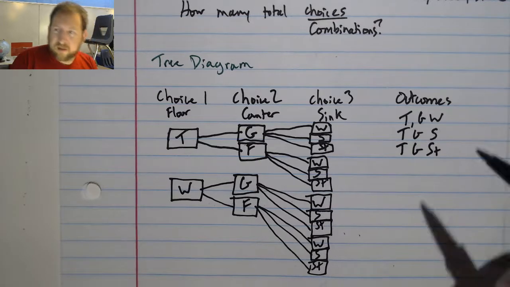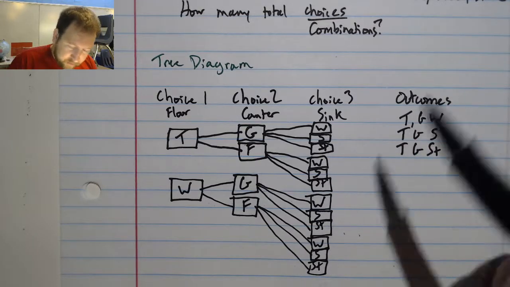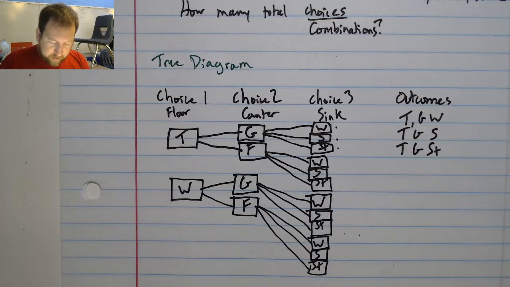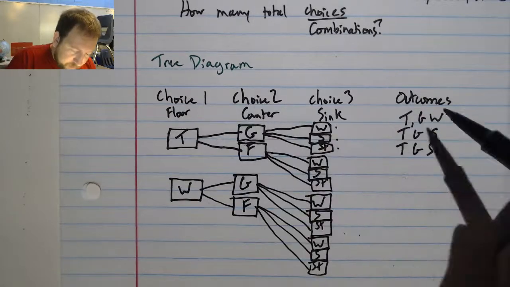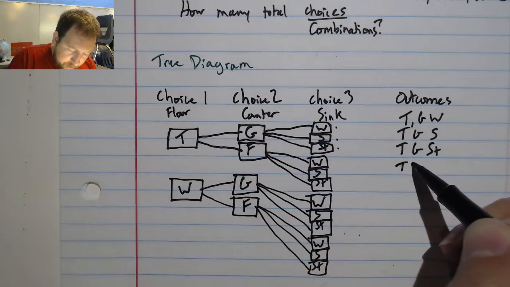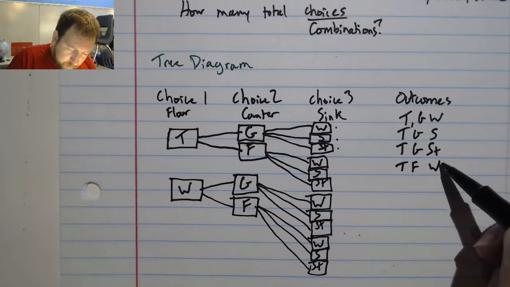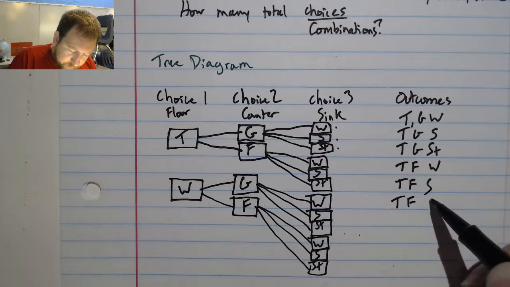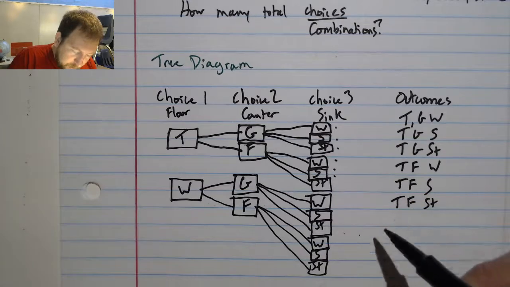Oops, I might have switched those two. It doesn't matter for our total, but that's okay. And I'm just going to tick them to represent that I already wrote them. Otherwise, I'm going to get confused. I could also go tile, formica, white, tile, formica, steel, tile, formica, stone. Then I can do these.